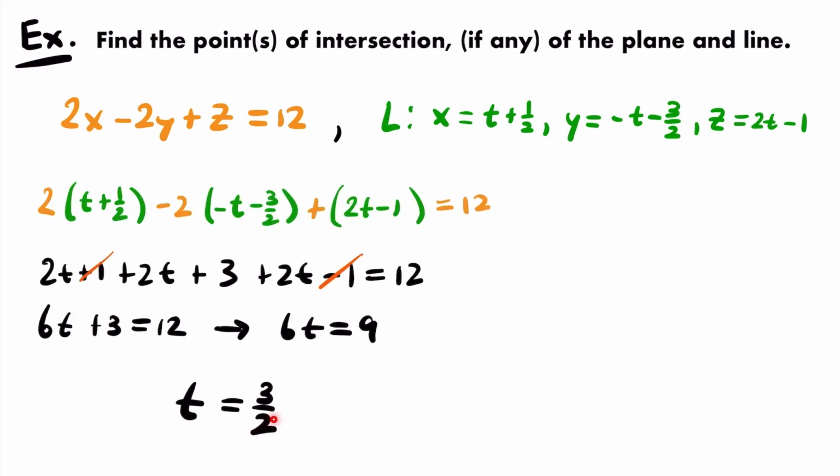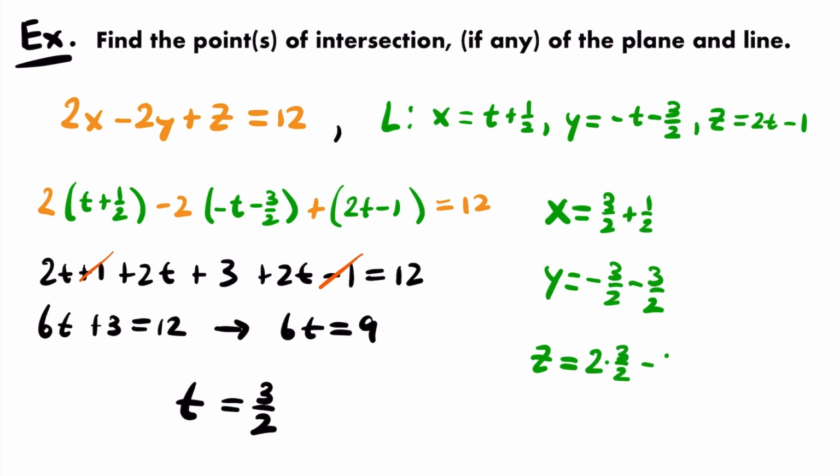All right, so let's do that. Let's plug t equals 3/2 in for t in each of those parametric equations. So we'll have x equals 3/2 plus 1/2, then y equals negative t, or negative 3/2 minus 3/2, and then we'll have z equals 2 times t, or 2 times 3/2 minus 1.